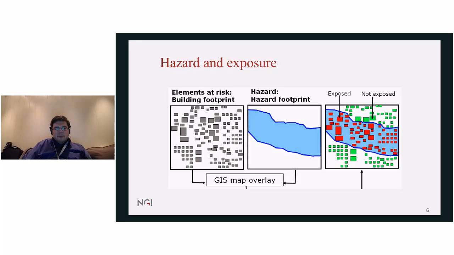When we overlay the building footprint and the hazard footprint, we obtain the information about which buildings are exposed, those that are shown in red here, and which are not exposed, shown in green.